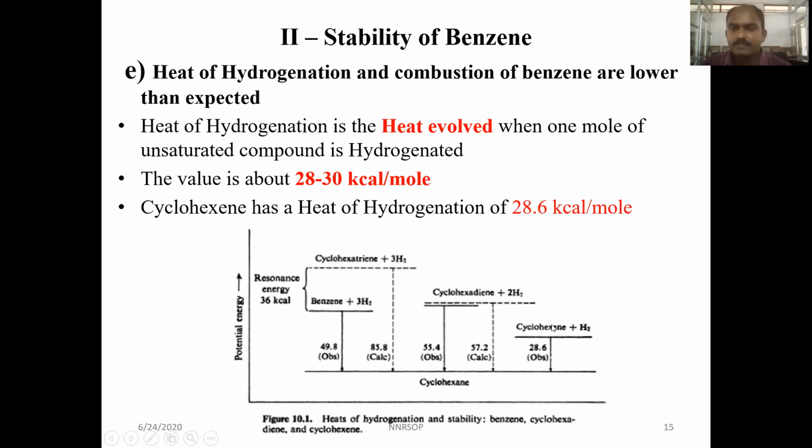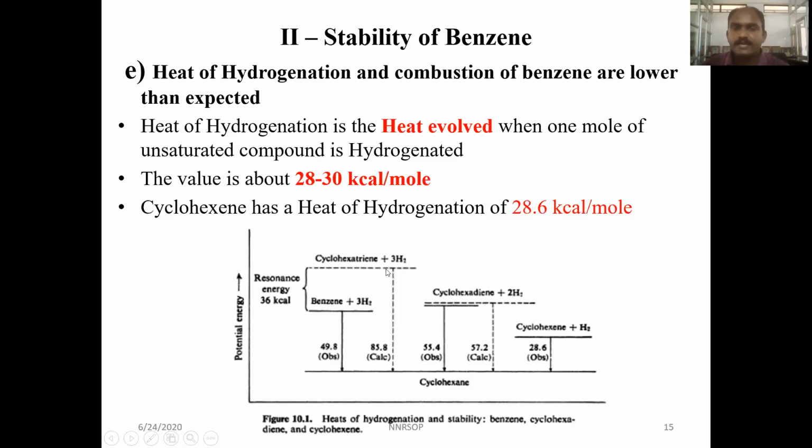And cyclohexadiene, which has 2 double bonds, when converted to cyclohexane, should release double of 28.6, that is 57.2 kilocalories per mole. But it is releasing 55.4, which is less than 57.2.